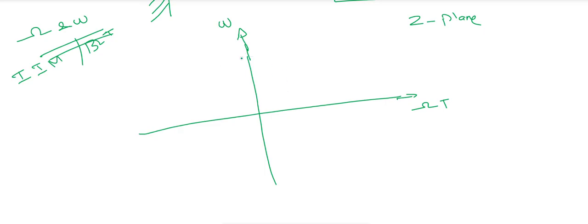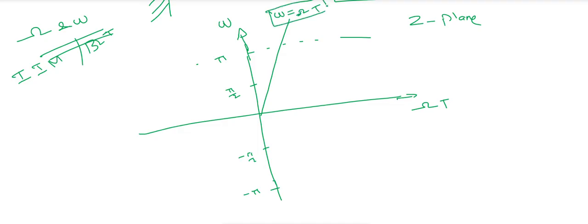The range is minus pi, pi by 2, minus pi by 2, minus pi. For impulse invariant, what we have derived is omega is equal to omega t.